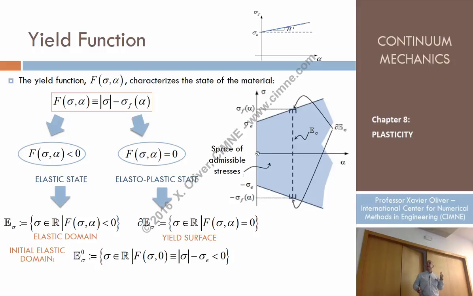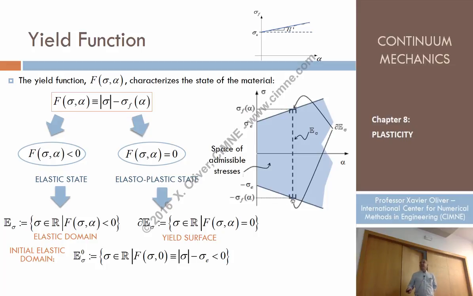You look at the elastic domain, it grows as alpha grows according to that. So as the yield stress increases, the size of the elastic domain increases.